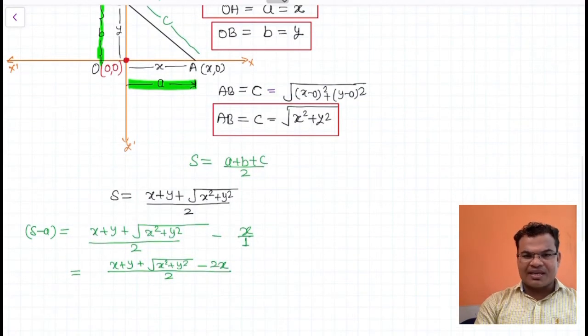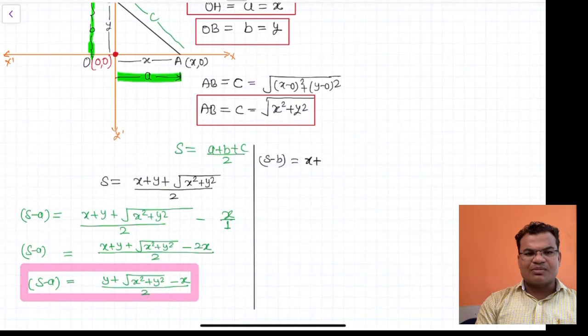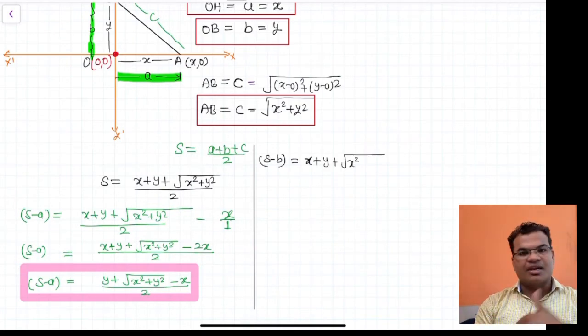And x minus 2x will be minus x. So the remaining terms are y plus under root x square plus y square minus x, upon 2. This is the value of S minus a. If you understood the concept of finding S minus a, you can find S minus b and S minus c similarly in the same manner.